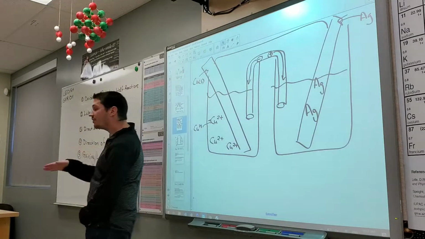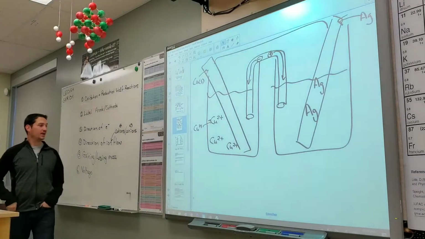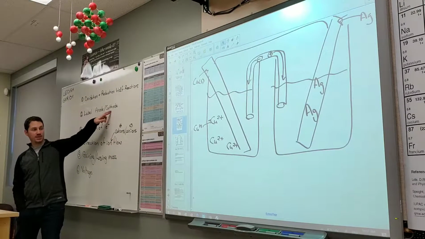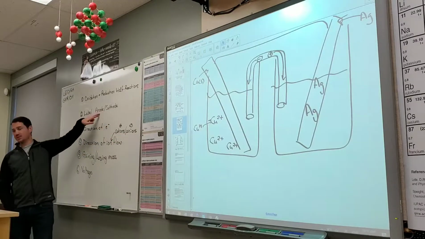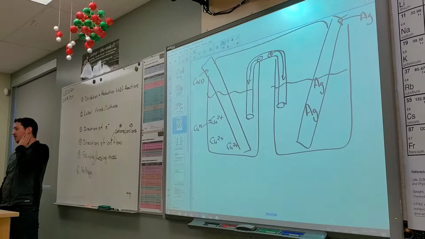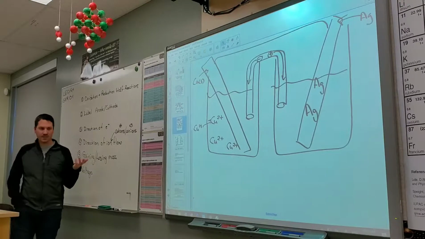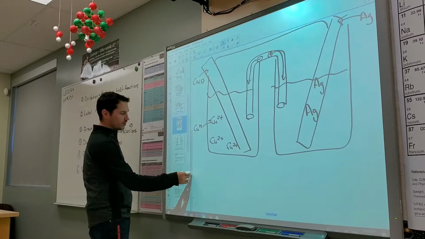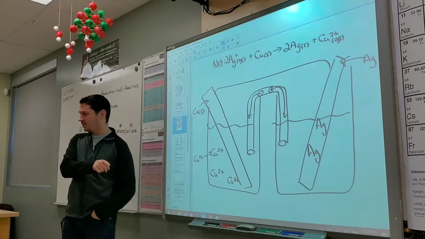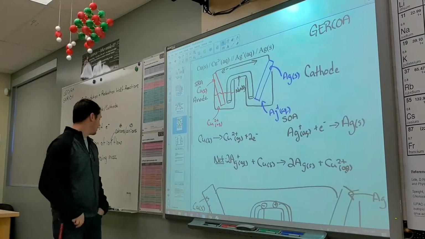Now, you will never have to explain that to me. I'm trying to explain why the cations head towards the cathode and why the anions head towards the anode all the time. All you have to remember is cations head towards the cathode, anions head towards the anode. Boom, Bob's your uncle, we're good to go. Are we okay with that? I'm just trying to explain to you why that is.